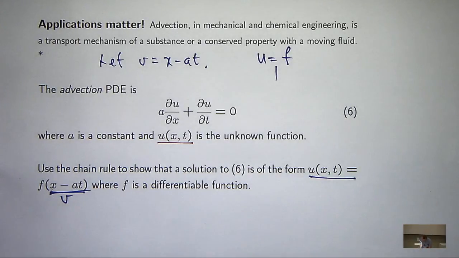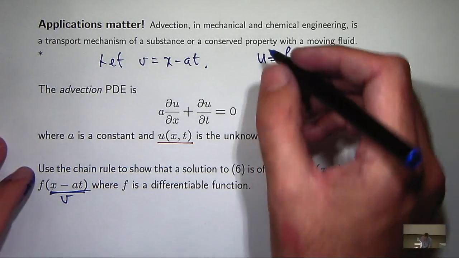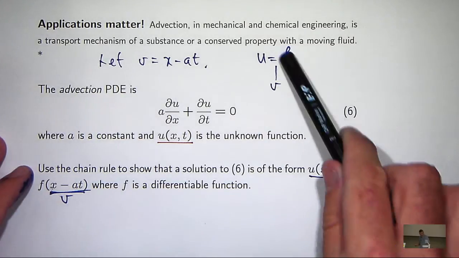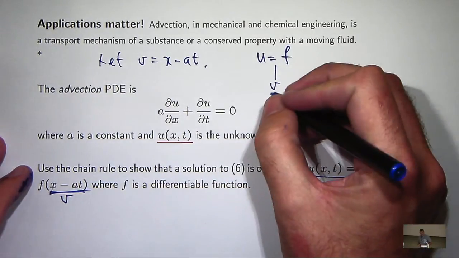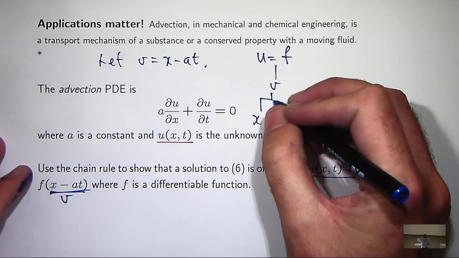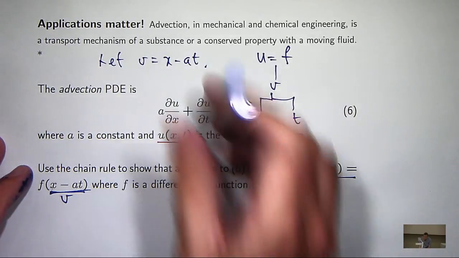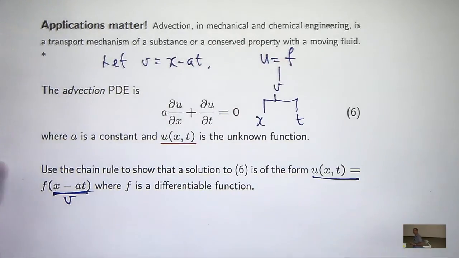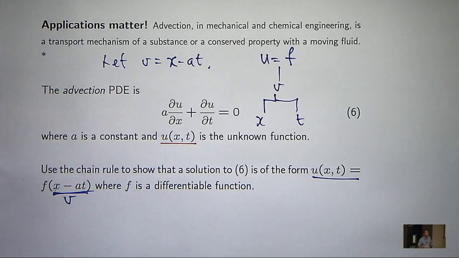So to set up the chain rule, I notice that f depends on v, and v depends on two things, x and t. Remember, a is a constant. We don't know what it is, but it's just a constant. So to set up our chain rule, we just work from the top to the bottom.